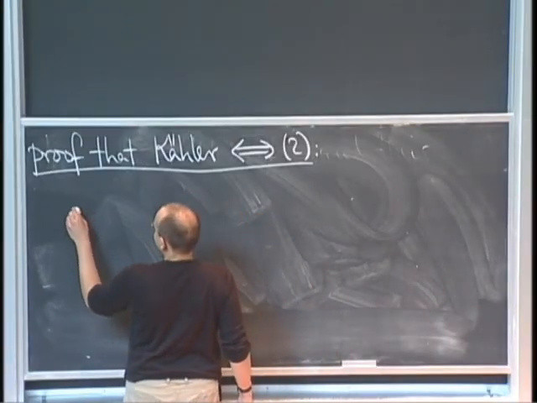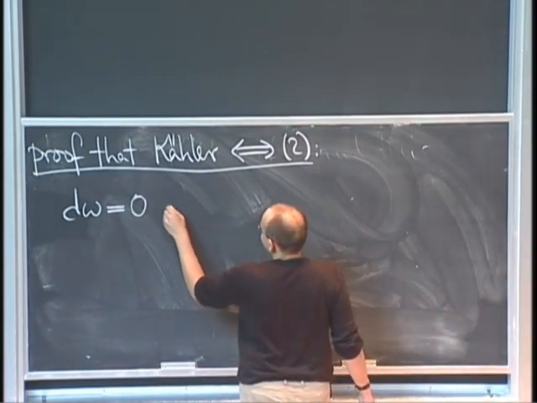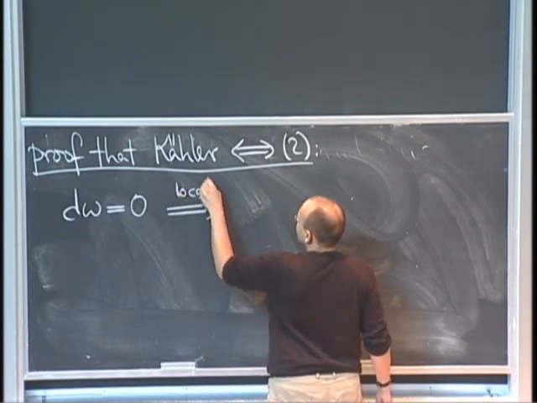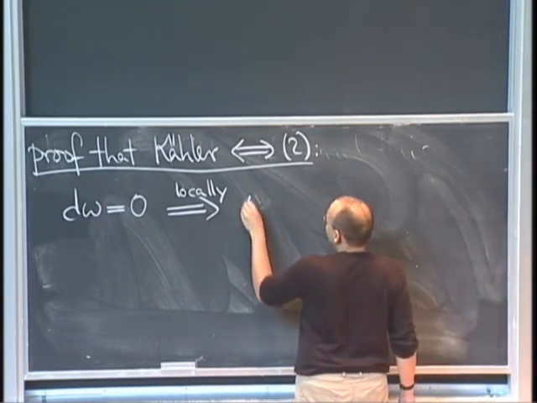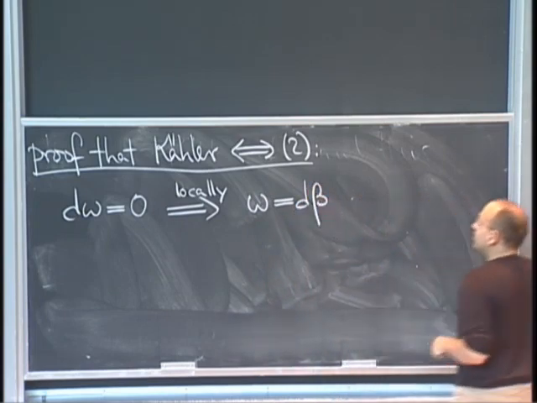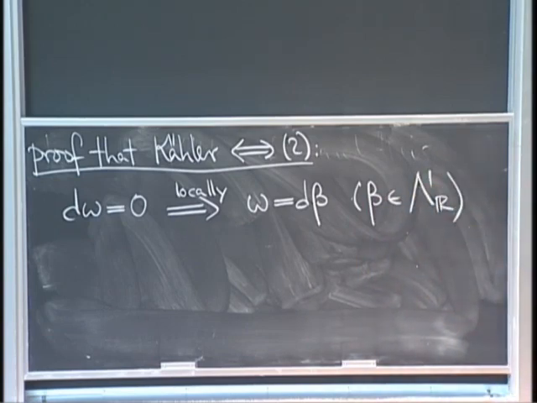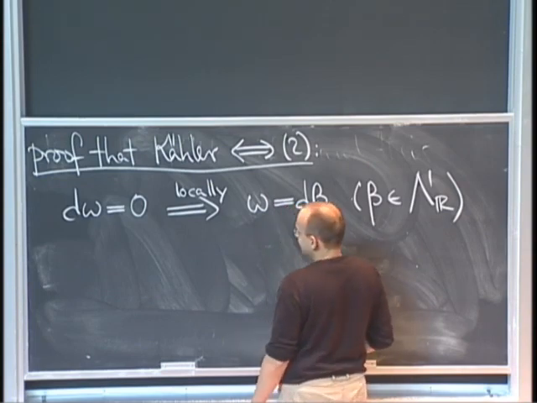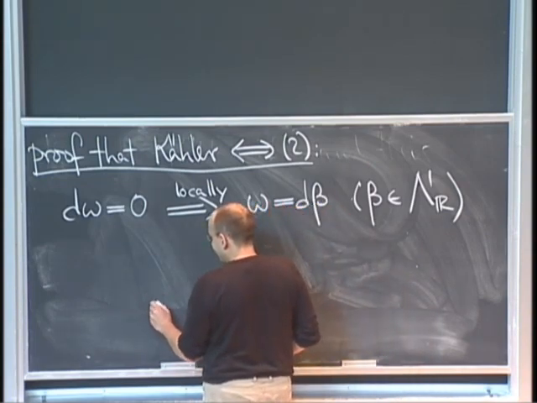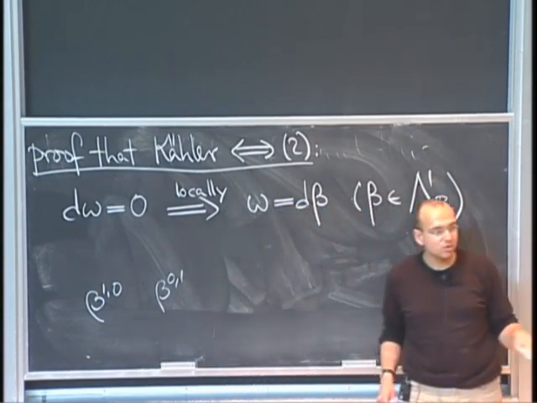We're assuming that we have a Kähler form, so that's a globally closed form. But a closed form is locally exact by the Poincaré lemma. So locally, I can write it as d beta, where beta is a real 1-form. What I always do in complex manifolds, when I have a real 1-form, is split it up into its (1,0) and (0,1) parts.